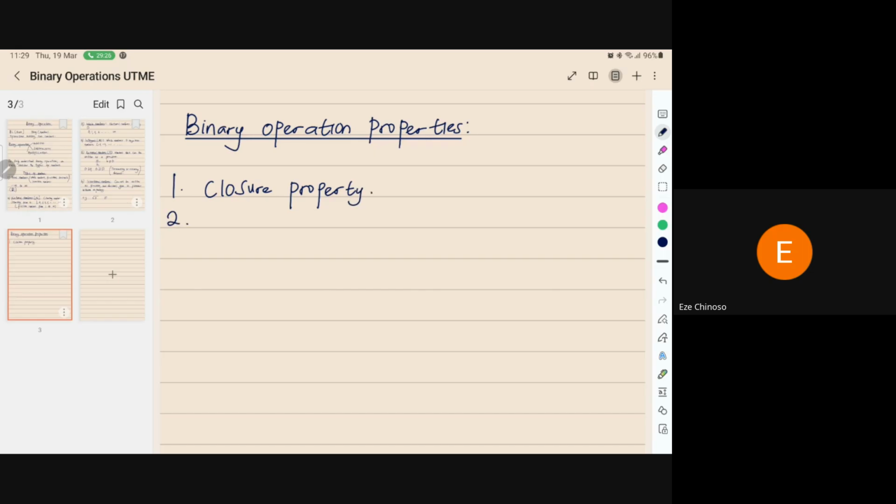Then we'll have the associative law or the associative property. Then the third one, the commutative property. Then the fourth one, the distributive property.